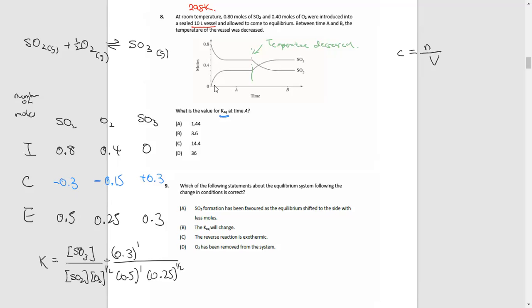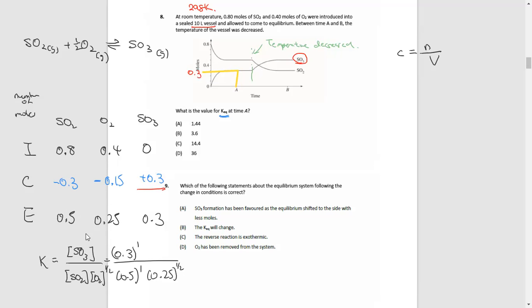At A, this is 0.3. And that is your SO3 curve. So because your SO3 at A is 0.3 and it started at 0, therefore we know the change is positive 0.3, and from there, everything else follows on.